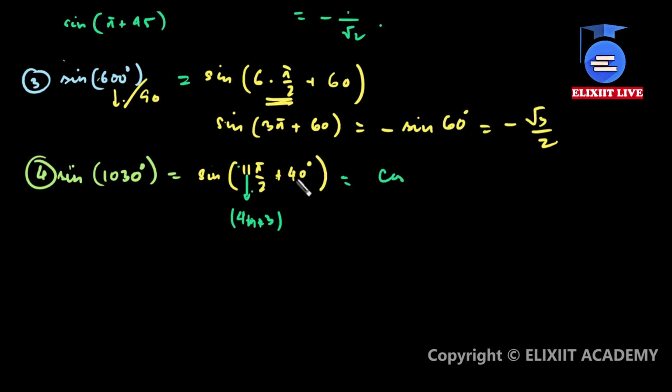Now see the quadrant. Sine will become cos 40. So minus or plus, sine of 11 pi by 2 plus 40, fourth quadrant sign is negative, put minus sign, simple. Minus cos 40 is the right answer.